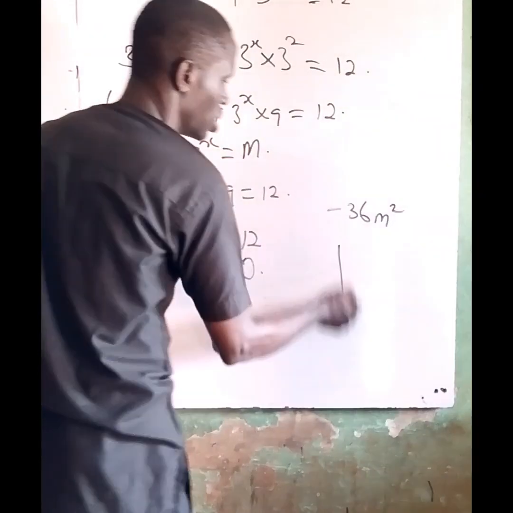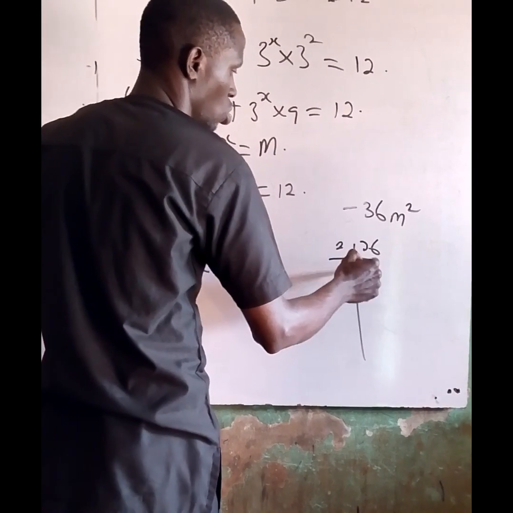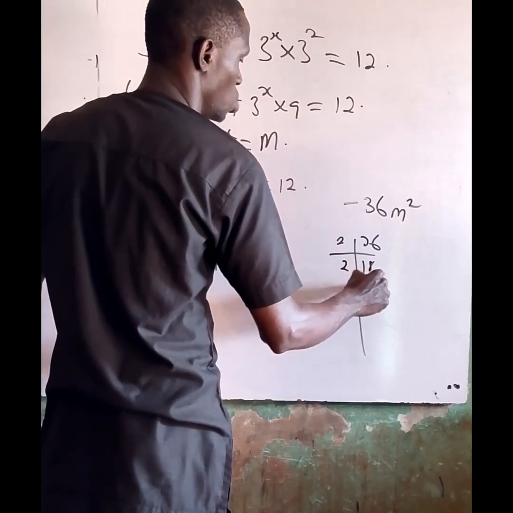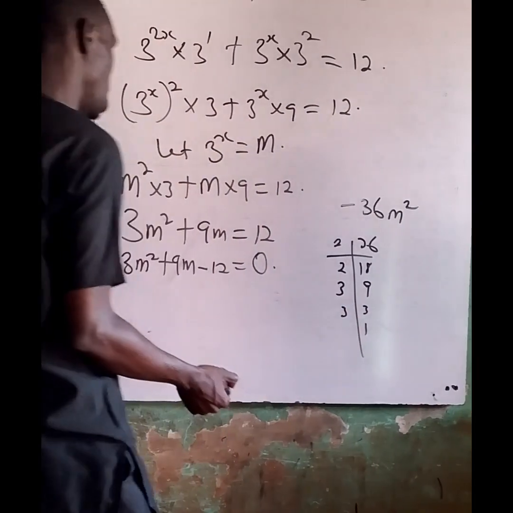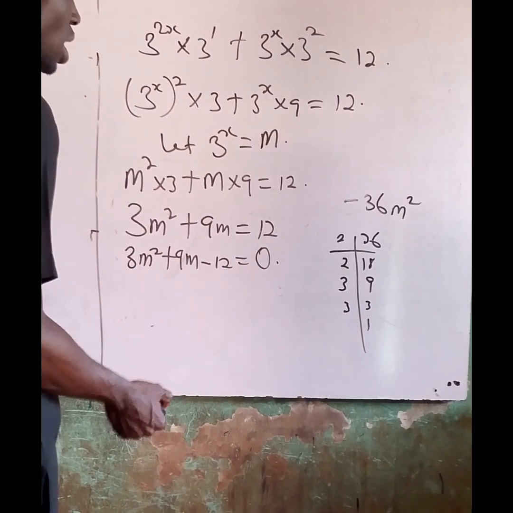So how do you do that? Let's not give ourselves much problem. Let's begin to match until we get two factors that will give us 9.